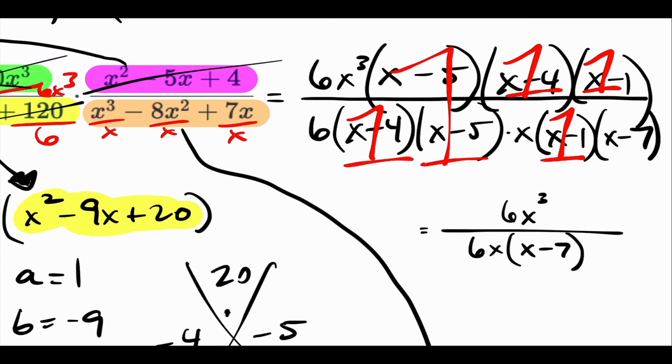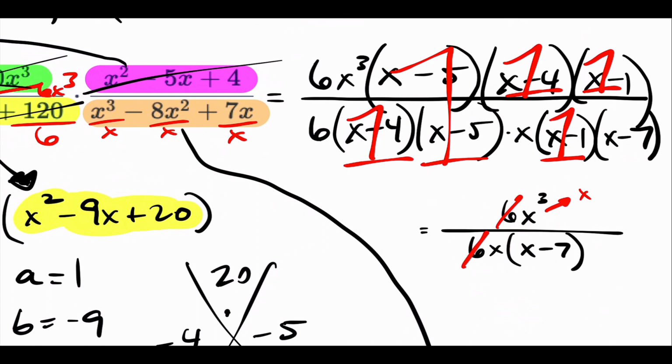Again, if you put that into Delta Math, it will say it's not done yet, because the monomials here can still be reduced. These two guys here are monomials. They both share 6. They both have 3 and 2 in common. So I can cancel these guys out.